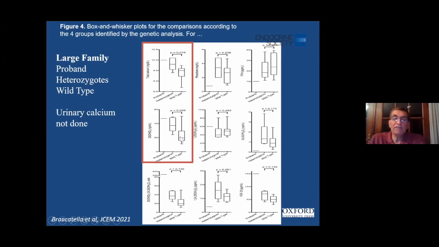The 25Ds in the heterozygotes were slightly higher, but there really wasn't much else that was different between the wild type and the heterozygotes. Now, they didn't do urinary calcium, and I suspect that's the thing that's most likely to be different between the heterozygotes and the wild type.